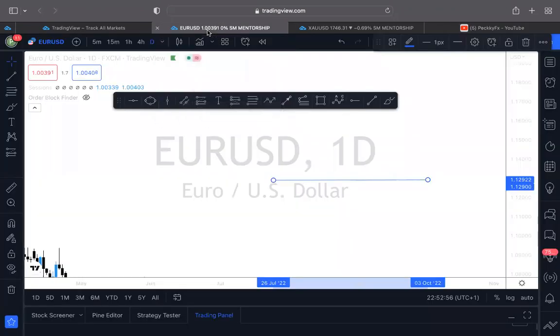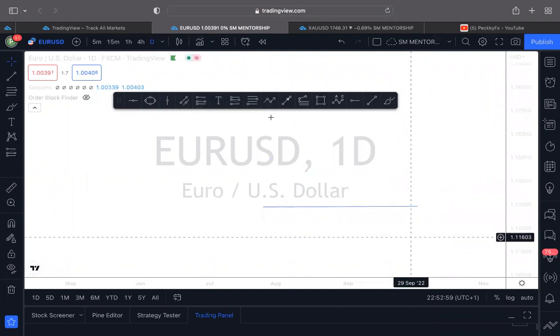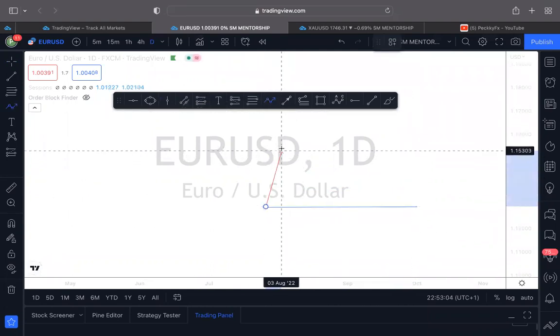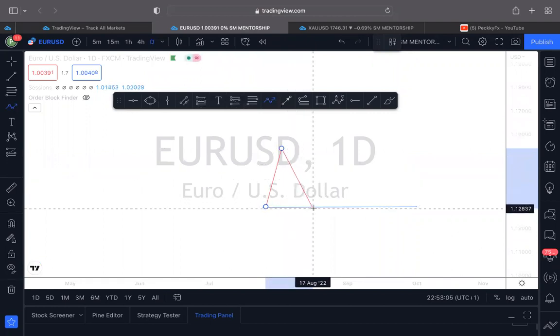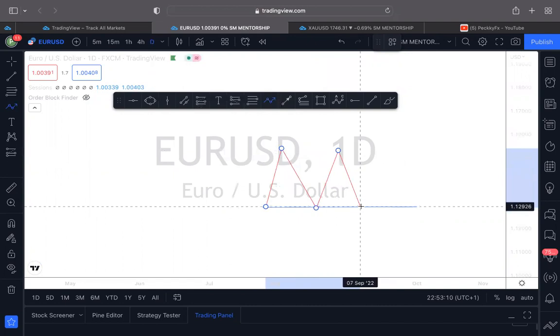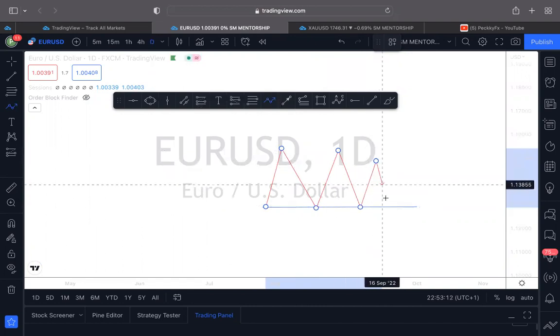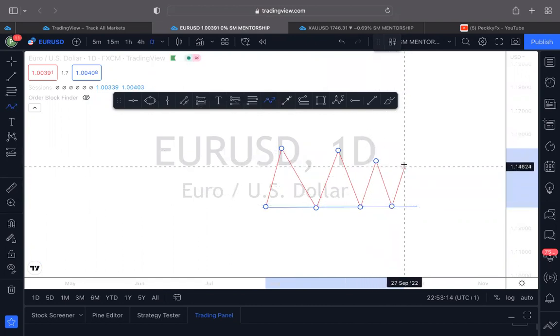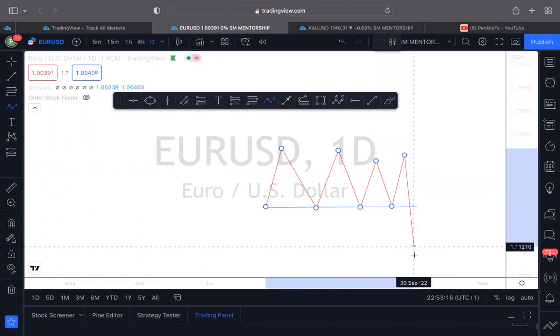Okay, so now I'm going to head to EURUSD. First and foremost, I'm going to use this path, something like this. I always do this each time I start my video. We all see that it might not be equal, but let's just see how it goes. Then we have a crash like this.